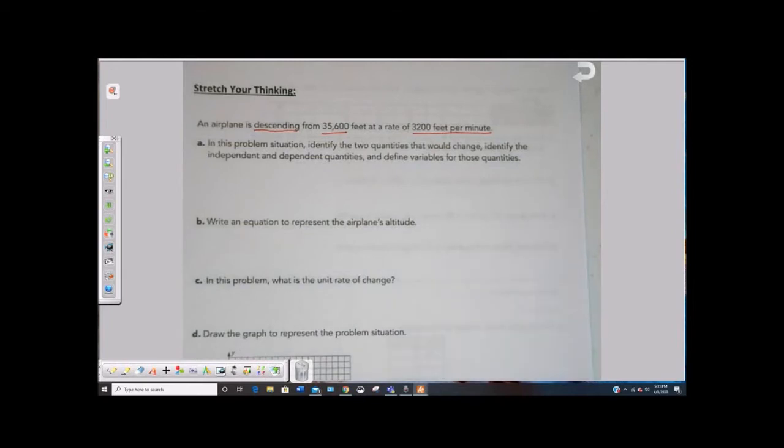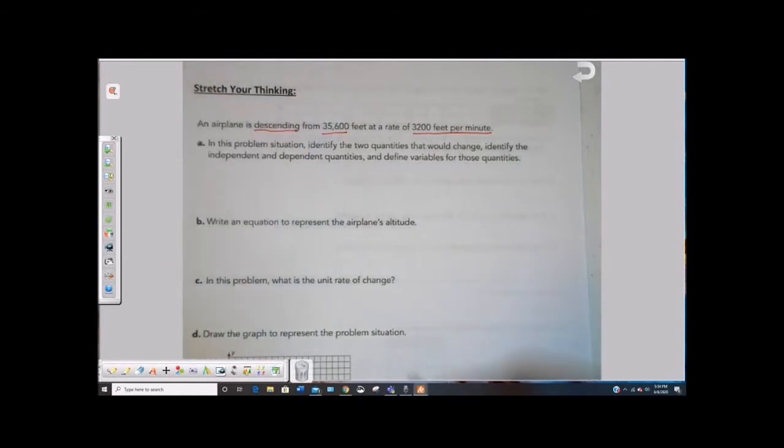There are parts A through E. A says identify the 2 quantities that would change, identify independent and dependent, and define variables. B says write an equation. C is what is the unit rate of change. D is graphing, and E is figuring out how to use the graph to answer your question.